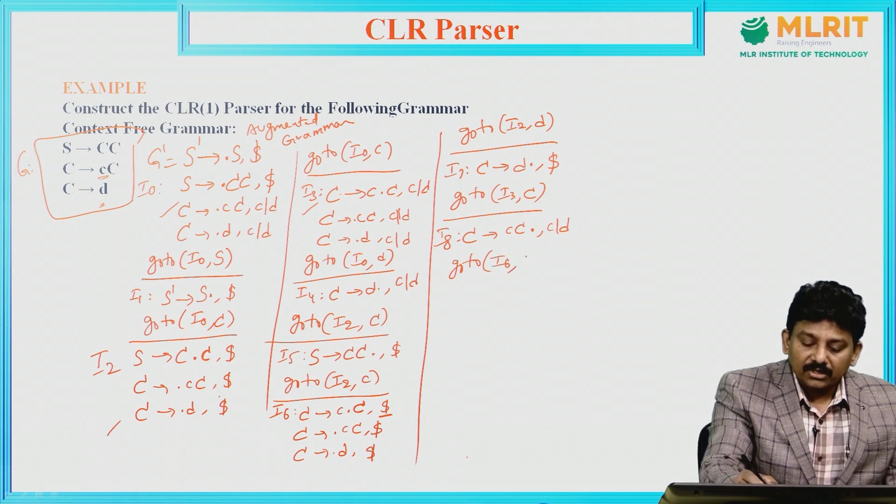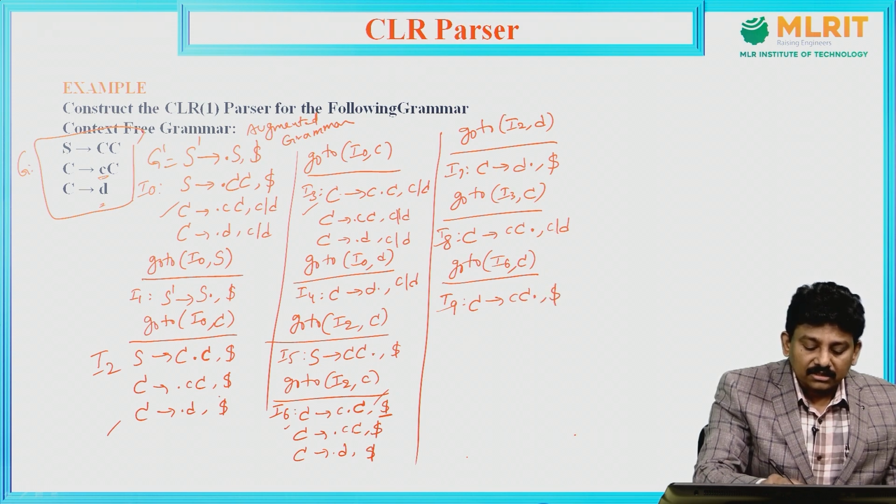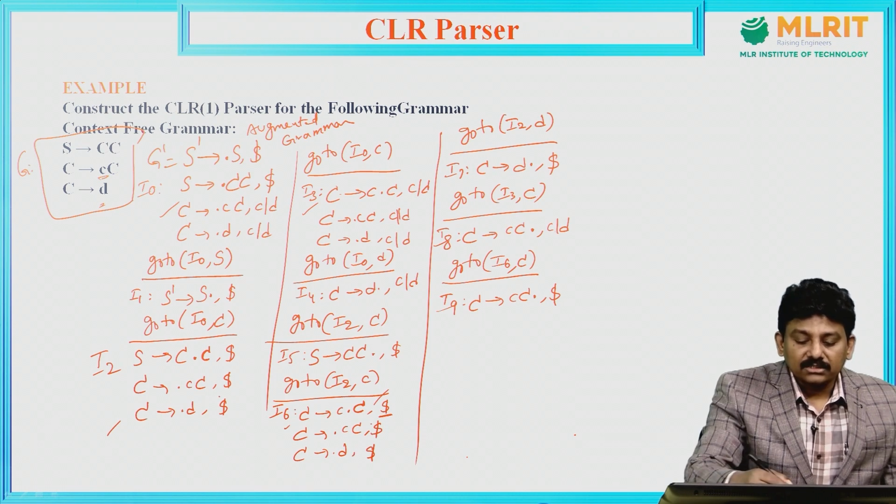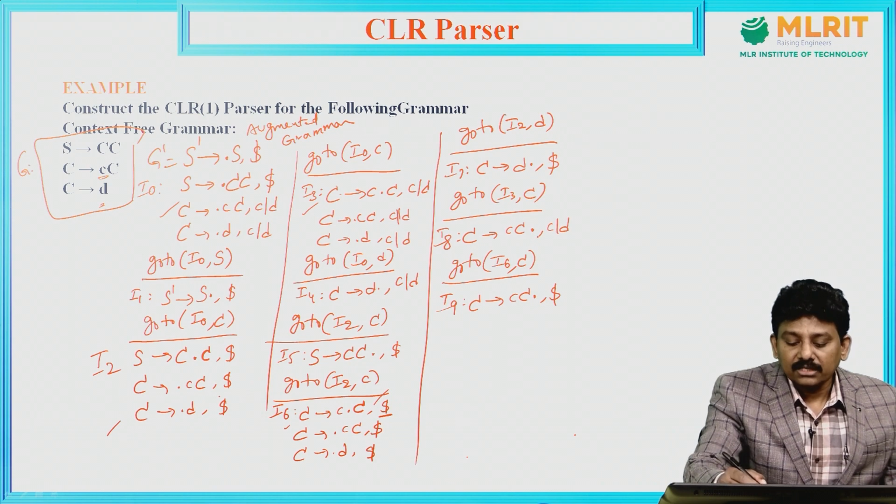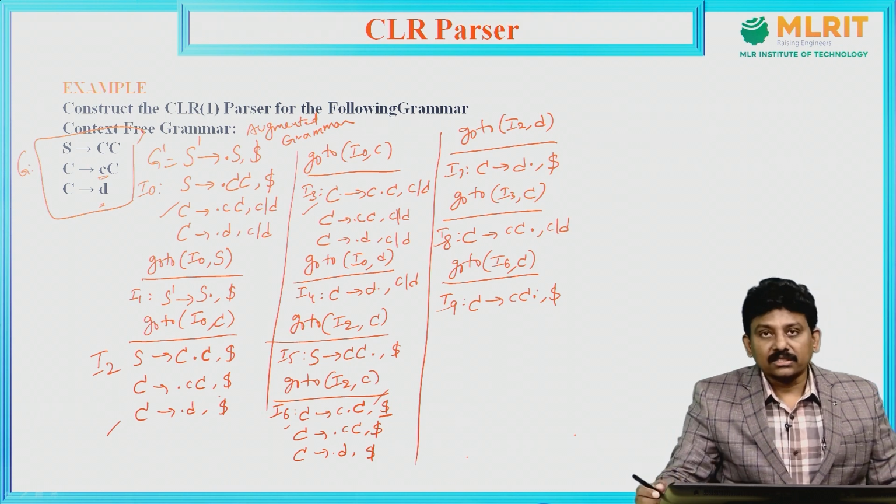I6 comma capital C gives I9: C derives small c capital C dot, dollar. If you apply go to on I6 on small c, it is I6 only: C derives c dot C, dollar. On small d in I6, it is I7, so I6 is over. I7 is over, I8 is over, I9 is there: total 0 to 9 states.